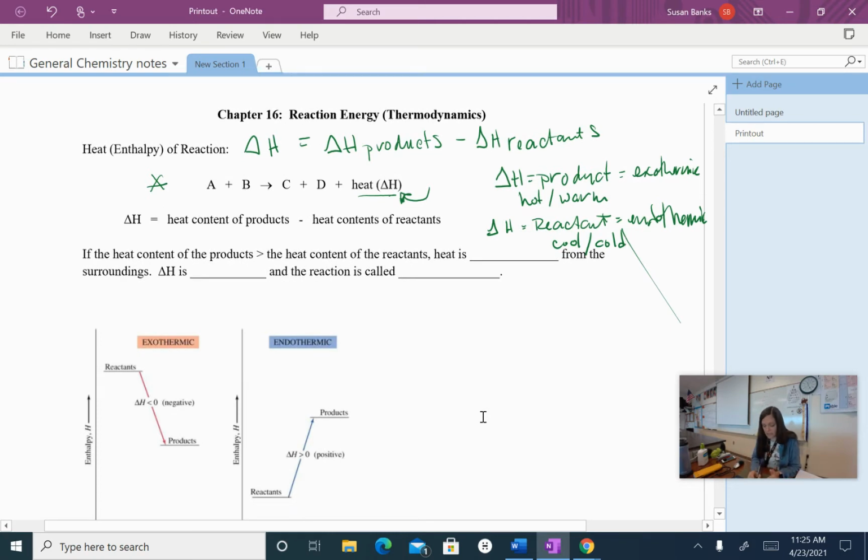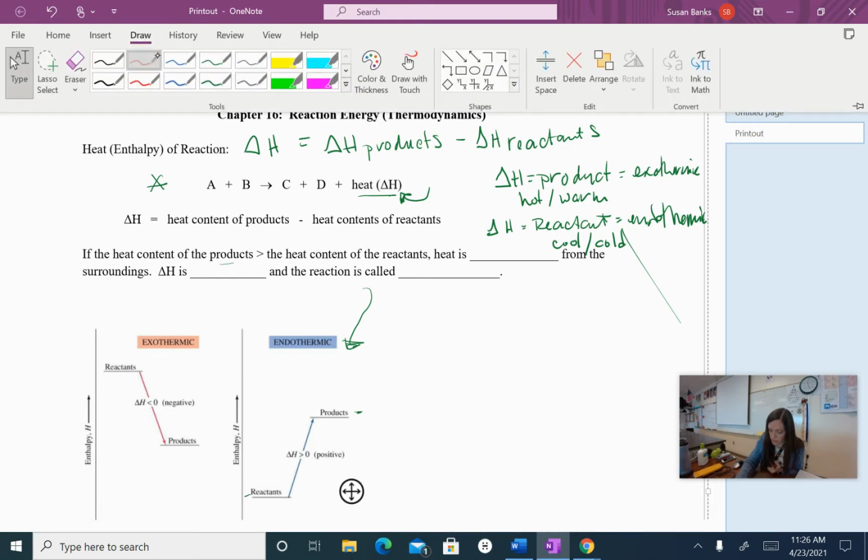Okay, so let's go here. If the heat content of the products is greater than the heat content of the reactants, that means we're going to have a graph kind of like this, where our products are higher than where our reactants started. That means heat is added or absorbed from the surroundings.